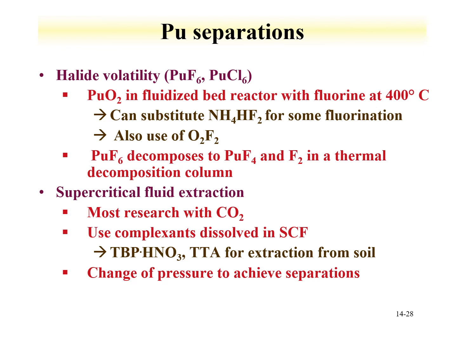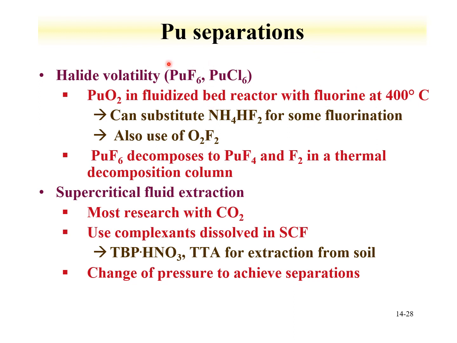Like uranium hexafluoride and uranium hexachloride, the plutonium fluoride and chloride hexavalent species are also volatile, and this can be used for plutonium-based separation. An example is shown here, where the dioxide of plutonium is placed into a fluidized bed reactor with fluorine at 400 degrees. Other fluorinating agents, for instance ammonium bifluoride or this fluorinating compound, can also be used as opposed to just fluorine gas.